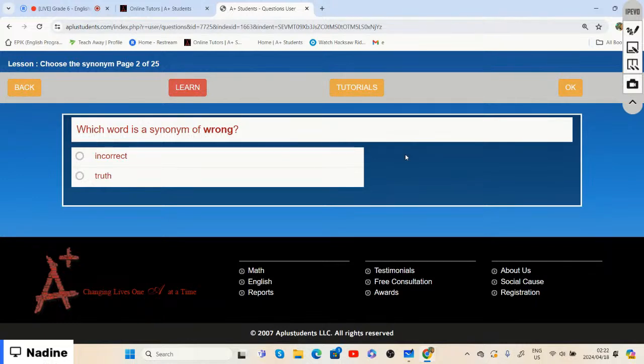The word that is the same or almost the same in meaning as, for example, wrong. Synonym of wrong, is it incorrect or truth?